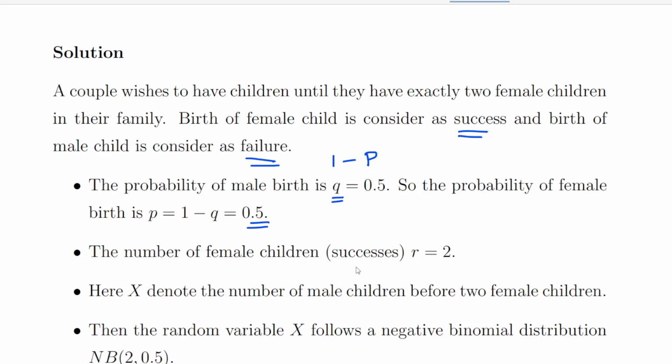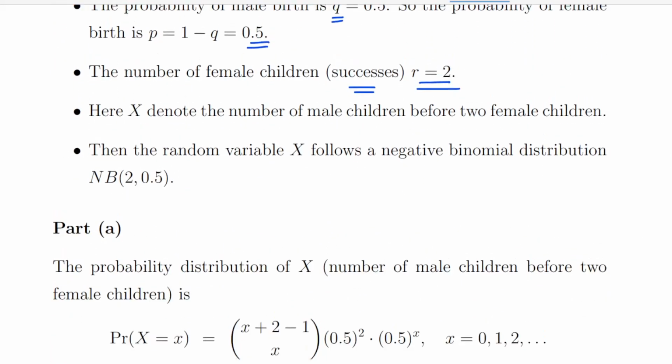So the number of successes we're interested in throughout this exercise is r equals 2. So that's going to stay constant the whole way through. So let x be the number of male children before there are 2 female children. So therefore, the random variable x follows a negative binomial distribution, which we would denote as follows: x ~ NB(r = 2, p = 0.5).